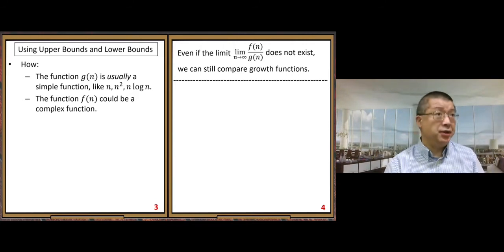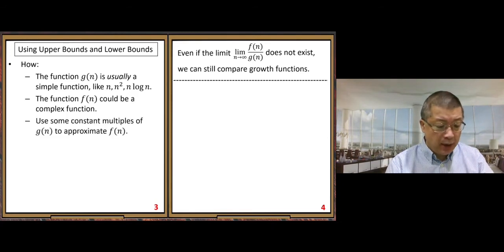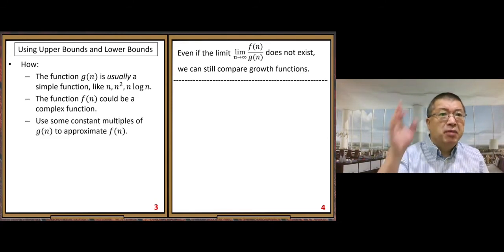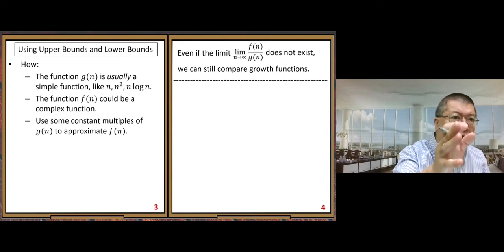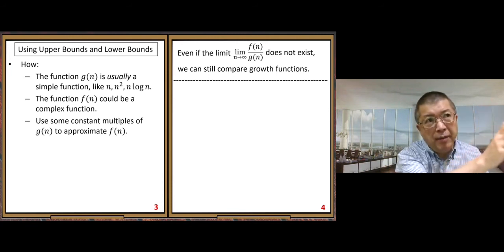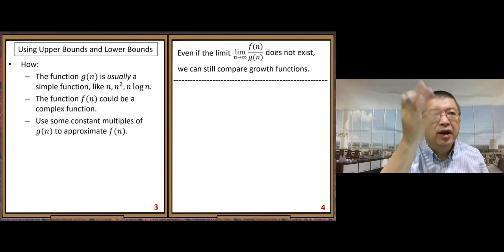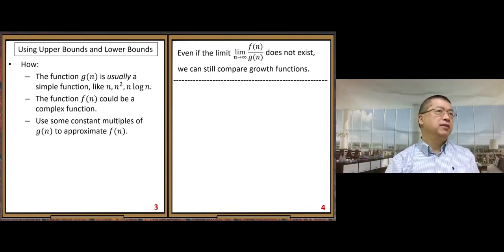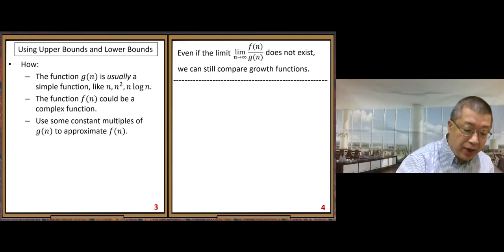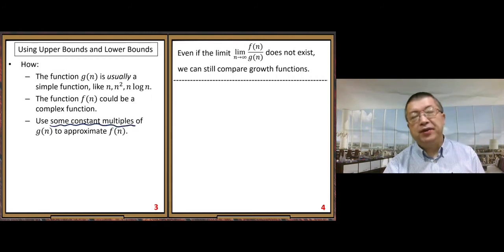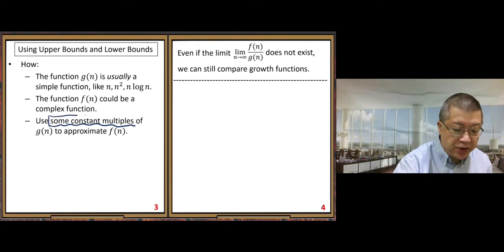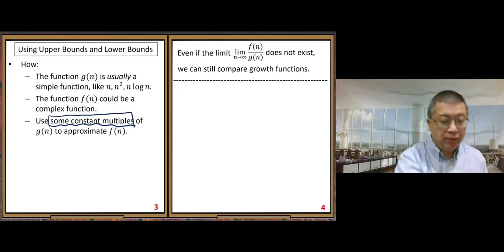So that makes sense. We use some constant multiple of that denominator simple function, g of n, to approximate f of n. So here, the main method is using constant multiples.